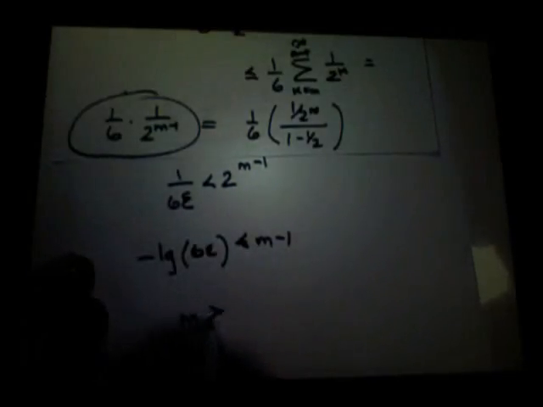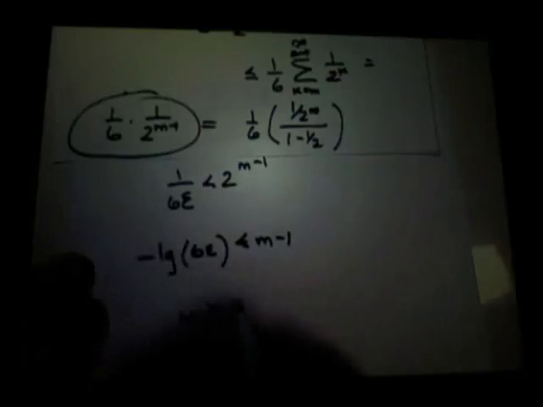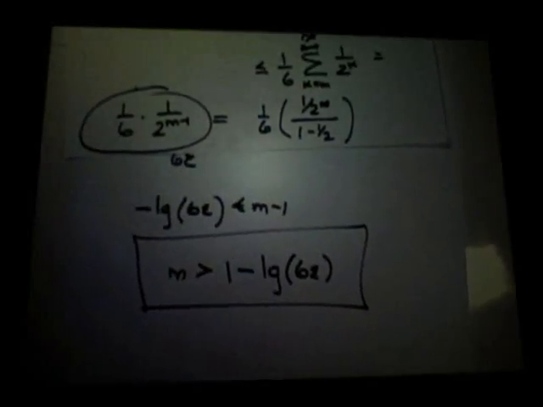So 1 over 6 epsilon is less than 2 to the m minus 1, right? So take the binary log of 1 over 6 epsilon, so that's minus the binary log of 6 epsilon, which is less than m minus 1. So m has to be greater than 1 minus the binary log of 6 epsilon. Found an m. That works.